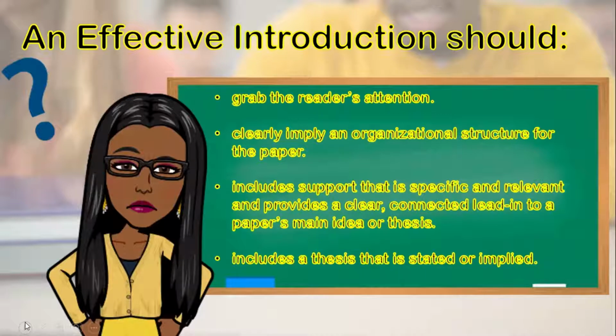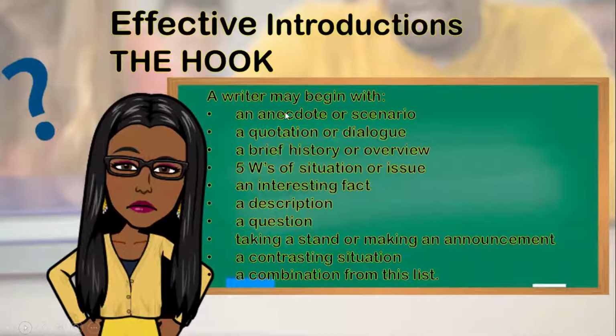Now we will look at what a thesis statement is very soon. Here are a few things that you can go ahead and use within your essay, especially the introduction part of the essay, to grab the reader's attention. We call them hooks.